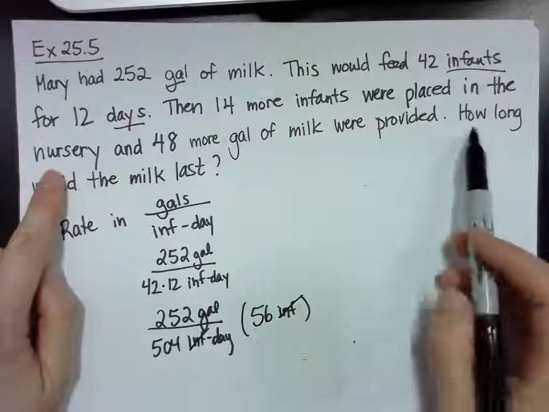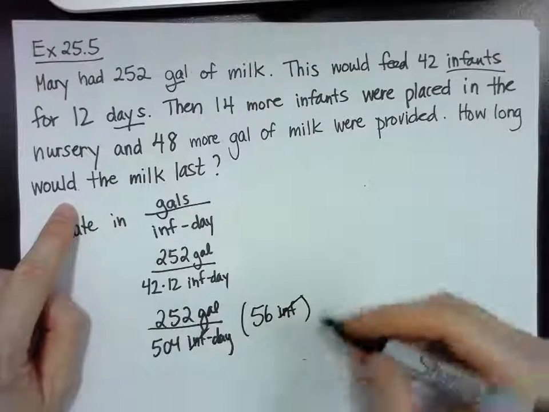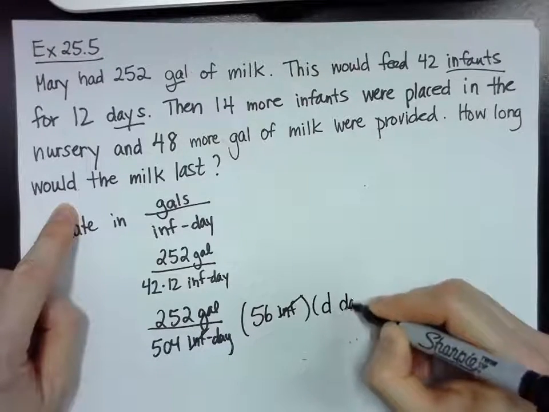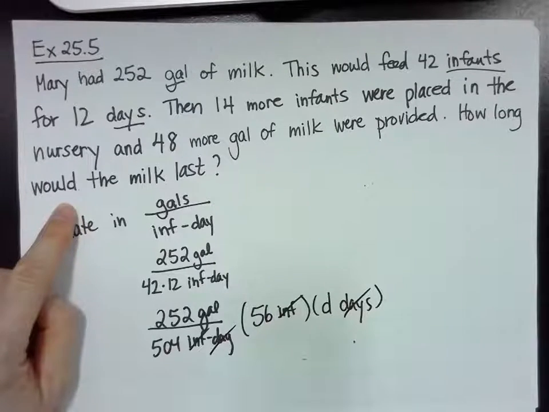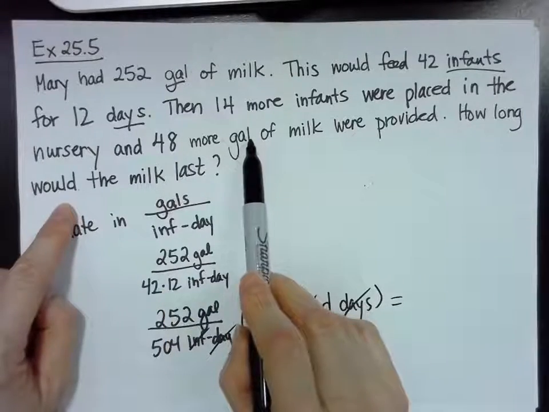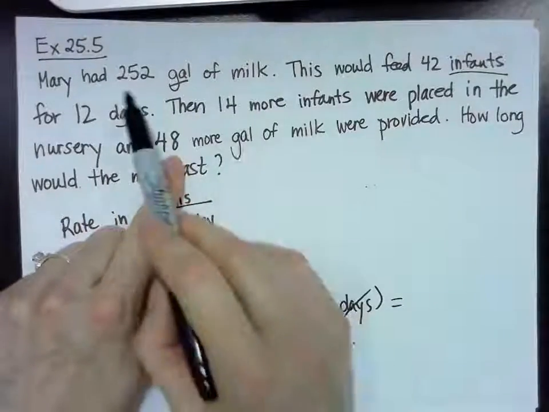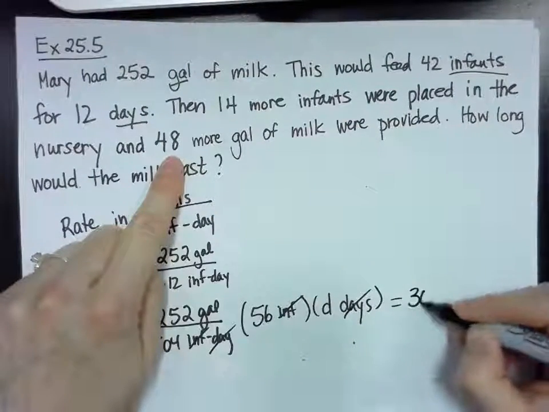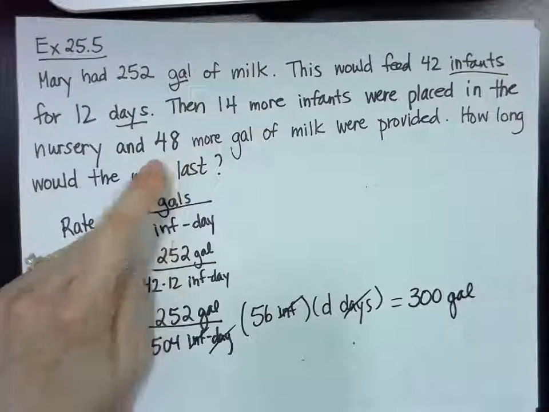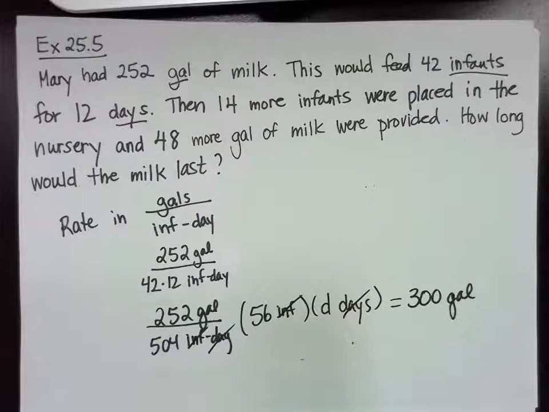And they're asking us how long will the milk last. We don't know, but it's going to be D days. And the number of gallons that we get, they tell us, is 48 more gallons than we used to have. So it's 48 more than the original 252, or 300 gallons of milk total.